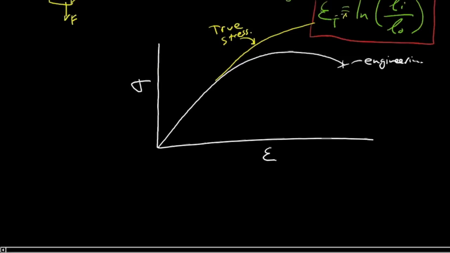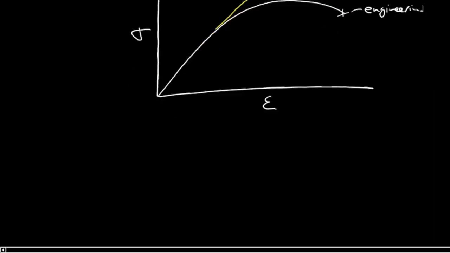The nice thing about this plot is that once you've got true stress and true strain, we can fit that data quite nicely for most metals with a simple equation: the true stress is equal to this coefficient K times the true strain raised to the power n.